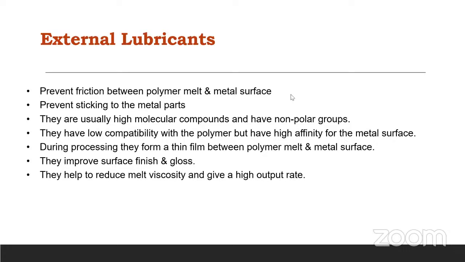When we talk about physical interactions, there are lubricants, anti-slip agents, and plasticizers. These are examples of additives which physically interact with the polymeric matrix. Now, how well can an additive be dispersed within your polymeric matrix?